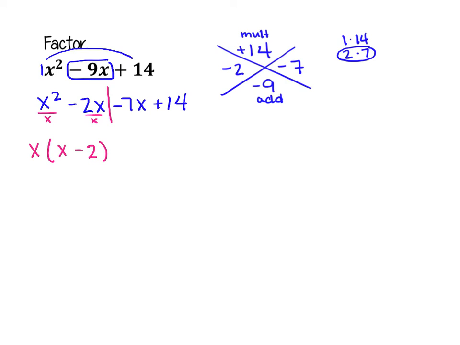And we do the same thing in the next pair. And since there's a negative in the front, remember, if there's a negative in the front, we always want a negative greatest common factor. I can divide both of those by negative 7. And then when I'm done dividing, I still have x, and negative 7 times negative 2 was positive 14.